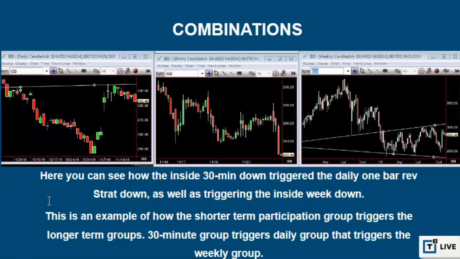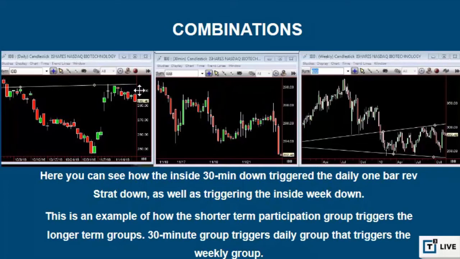So what do we mean by that? It's a little tough to see, so we're going to go slow here, but this right here is a 30-minute bar. And you can see this inside bar, it breaks the inside bar to the downside. It's tight to see, but it is an inside bar, and on the 30-minute it slightly took that to the upside.